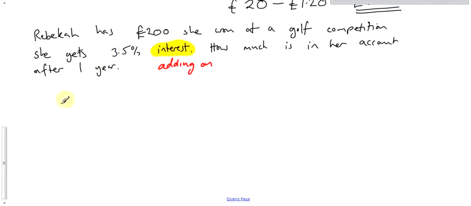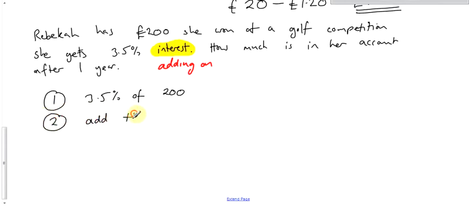So first of all, we need to find out 3.5% of her money that she invests, so it's of the £200 here. And then number 2, we have to add the 3.5% on to the £200.